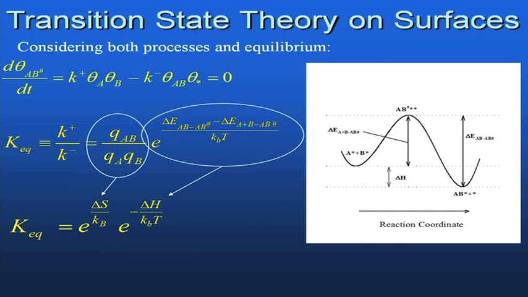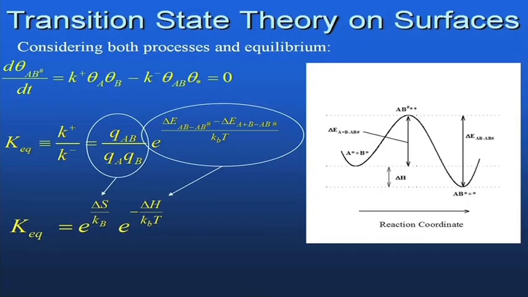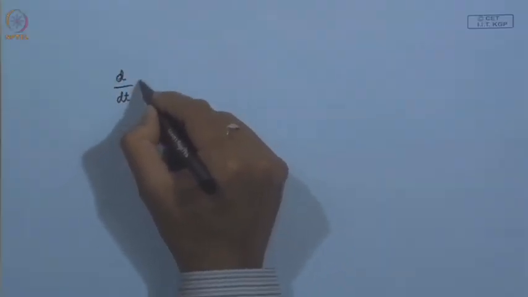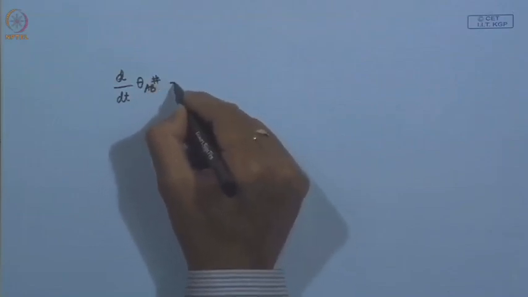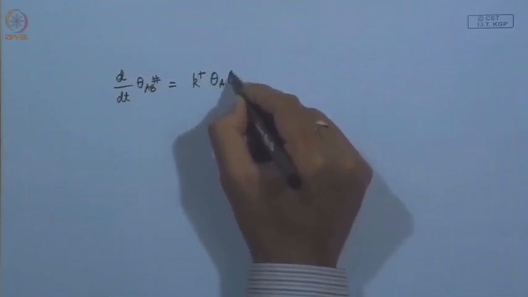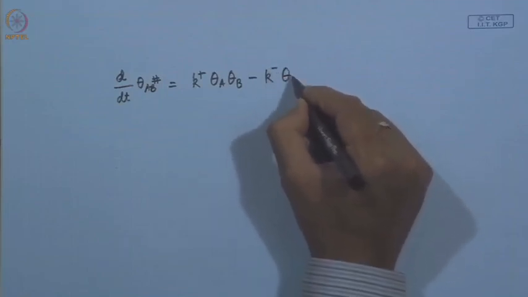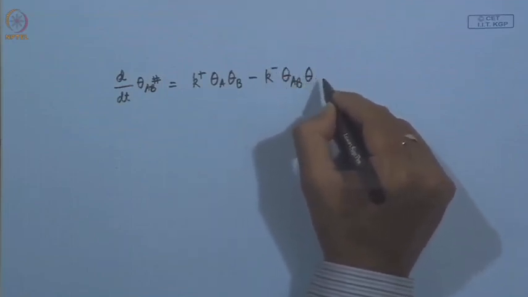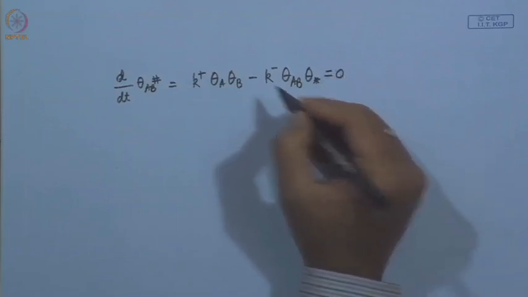We can write, like a steady state approximation, considering both processes and an equilibrium approximation, d theta AB by dt, which is equal to, for the forward process, K plus theta A theta B minus K minus theta AB theta star, which is equal to 0 because it is equilibrium.